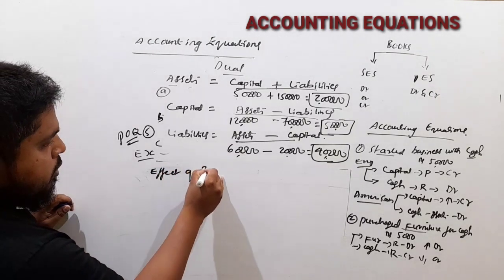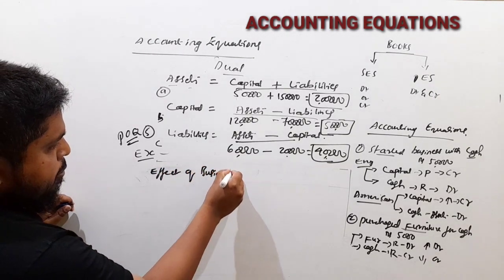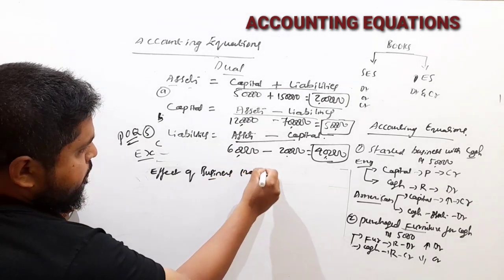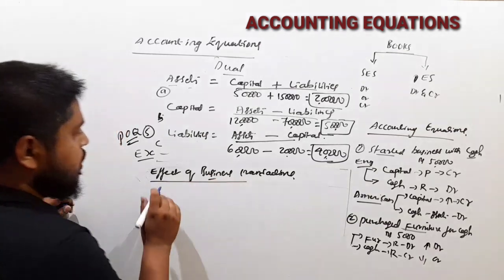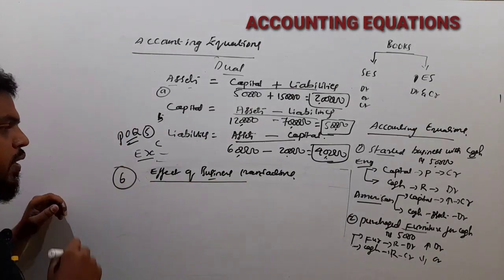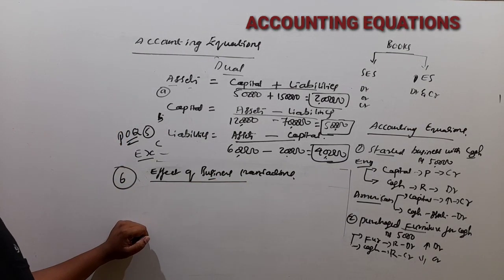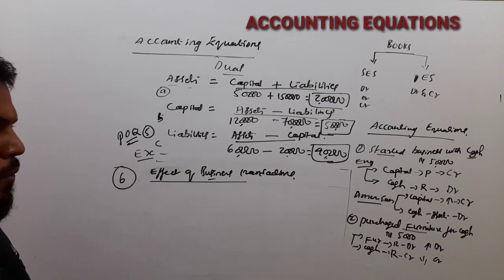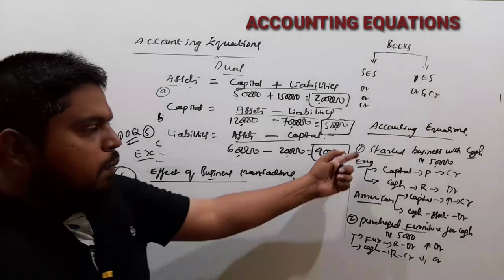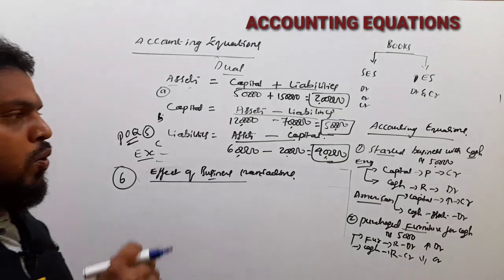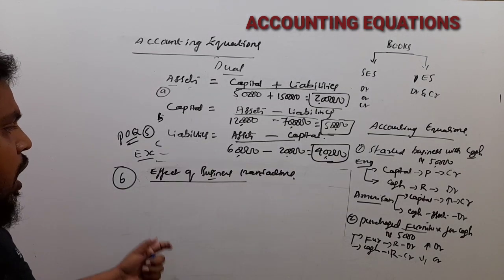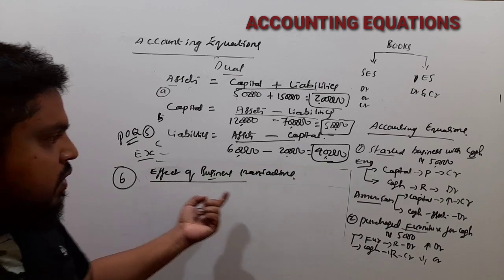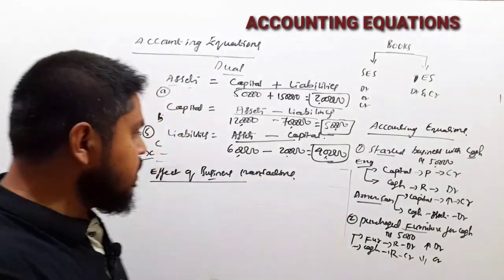Effect of business transactions. This is also important for 6 marks as per +1, that is the Karnataka PUC board. So with the help of these transactions, how to prepare the accounting equations. The effect of business transactions has already been shown.